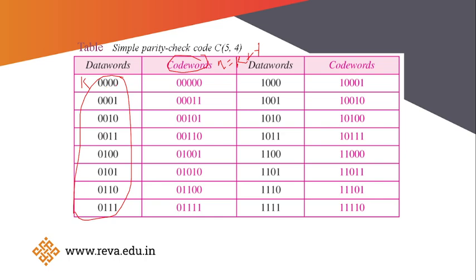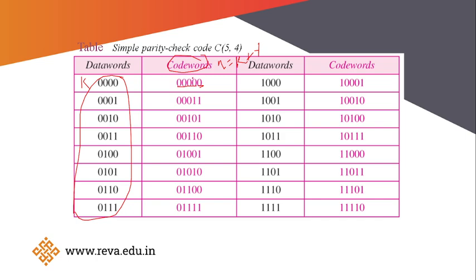So k is 0000 and r is the one extra bit we added, 0. Overall we got the n code word. Similarly 0001, the code word is 00011, and 0010, 00101. Like that, with 4 bits, 2 power 4, 16 possible code words are generated.